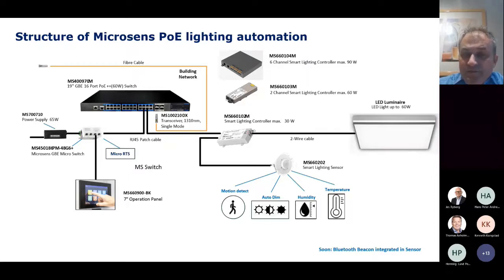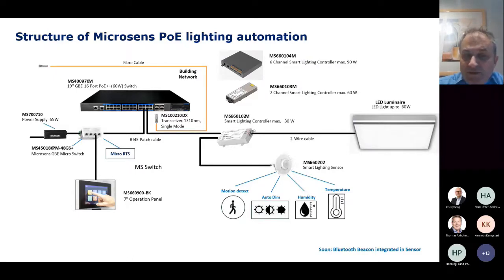So by using the right smart light controller, you can power LED luminaires up to 19 watts of PoE port output power, and transfer this power through the smart light controller to the device.